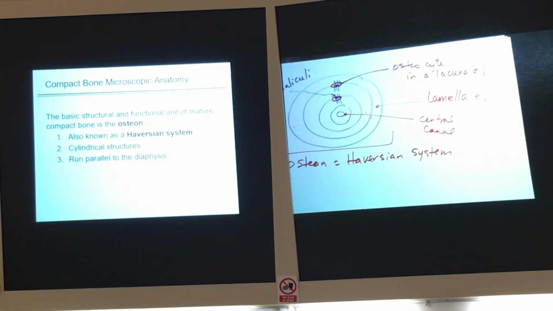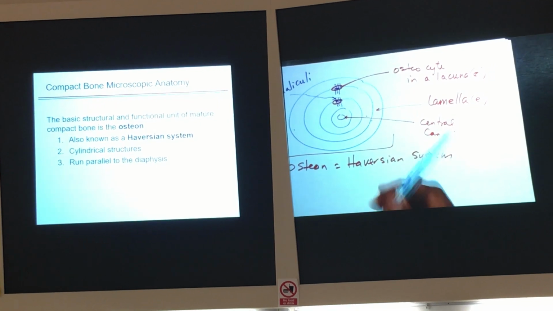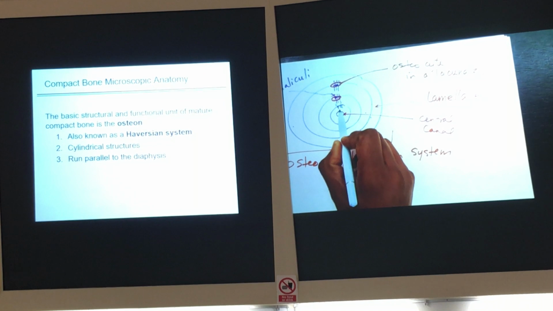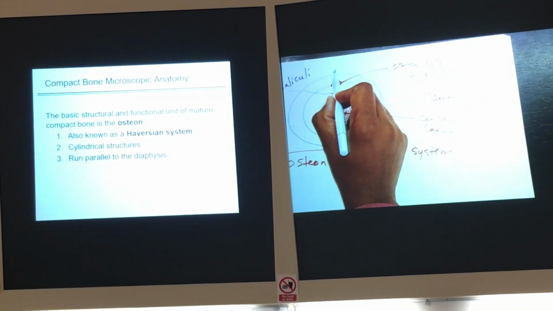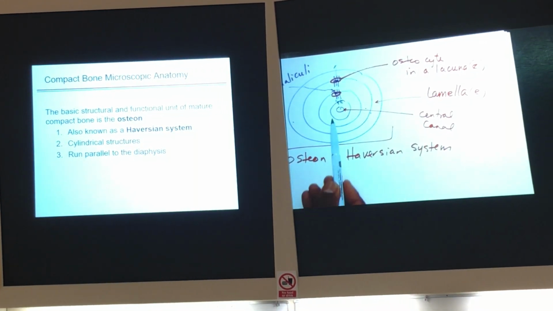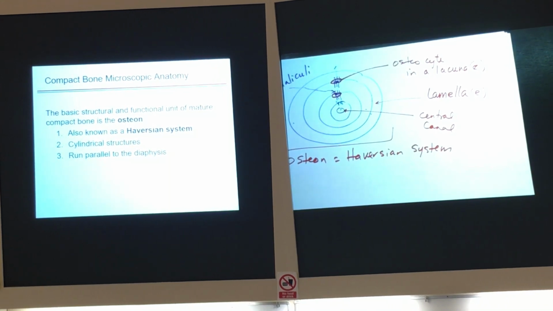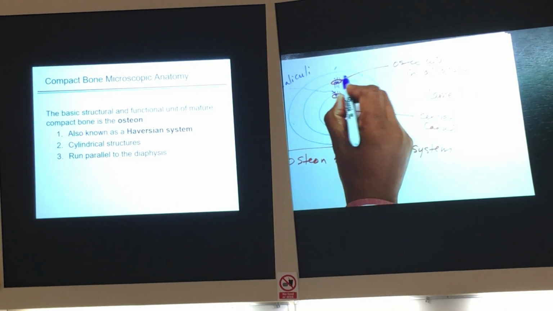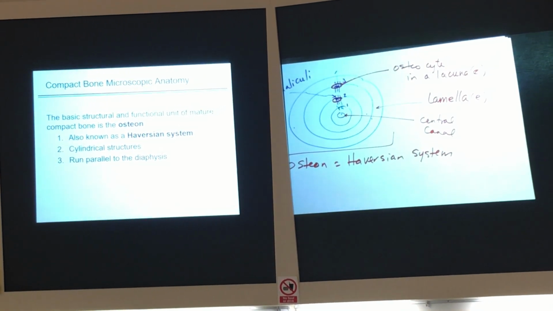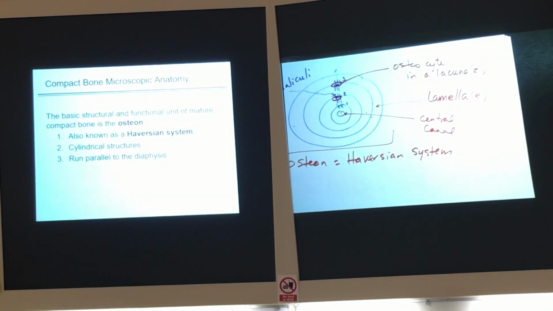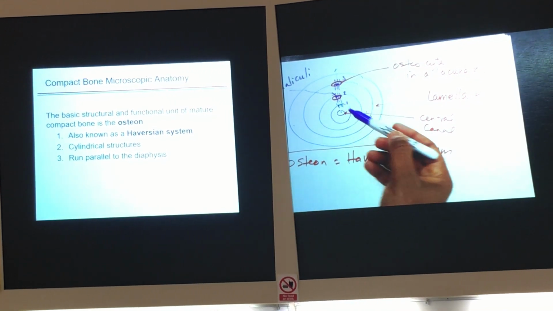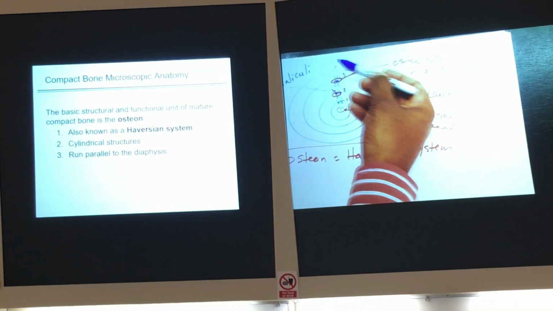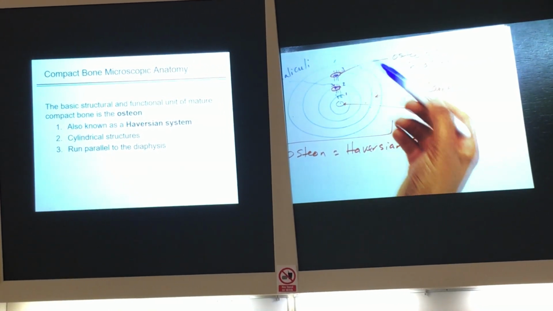Now, nutrient goes from this blood vessel to this cell, and then to this cell, and it goes out. So if you have cells, let me label them 1, 2, 3. Which one is the older cell? Number 3 is the older cell, because as the bone grows, it goes farther, and finally, this is the one that's going to be broken down.